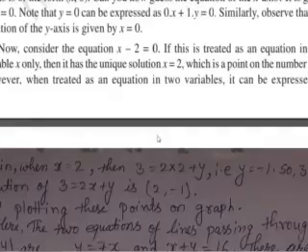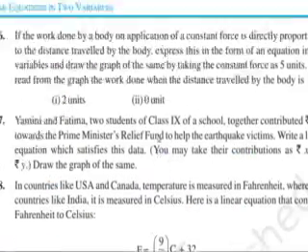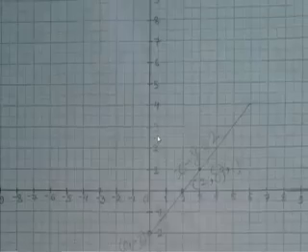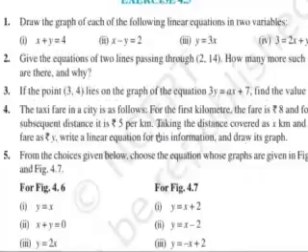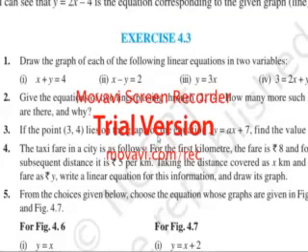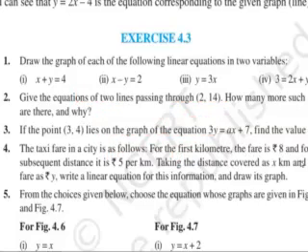Let's see question number 4. Here it has been said, a taxi fare in a city is as follows. For the first kilometer the fare is 8 rupees, and for the subsequent distance it is 5 per kilometer.